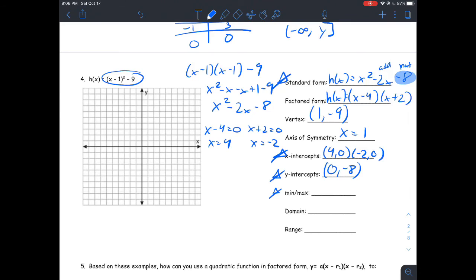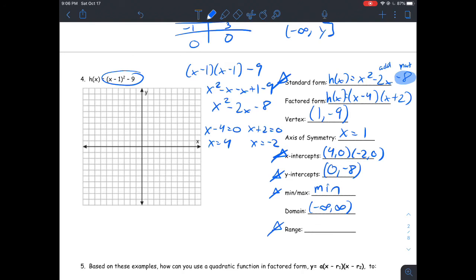Is this going to be a maximum or a minimum? It's going to be a minimum. And then the domain is negative infinity to positive infinity. And then the range is going to be from, or actually I want you to tell me the range. What would the range be?